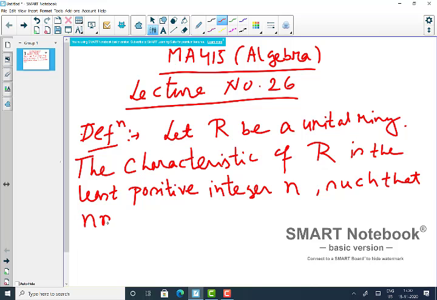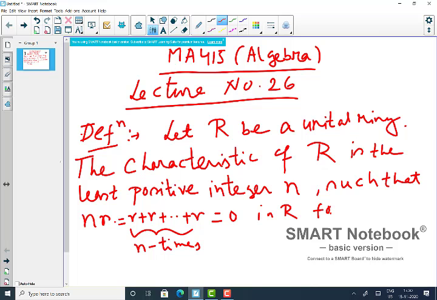N times r is what? N times r means r plus r plus r. We're adding r n times, okay. This is equal to 0 in R for all elements r belonging to R, okay.